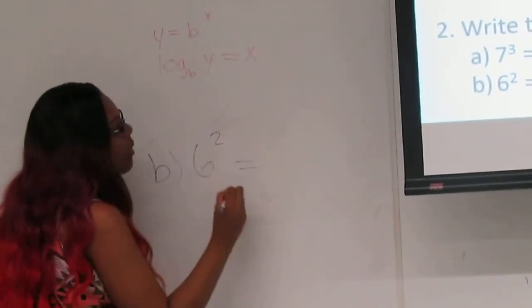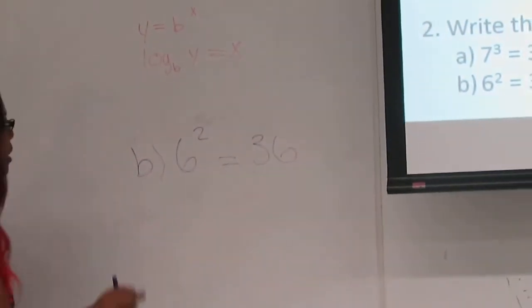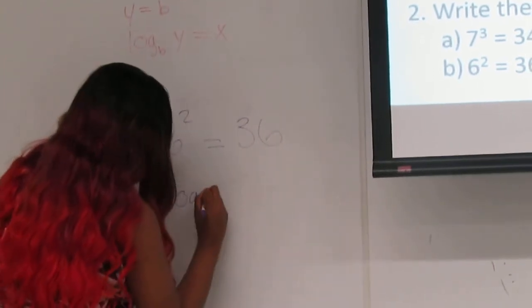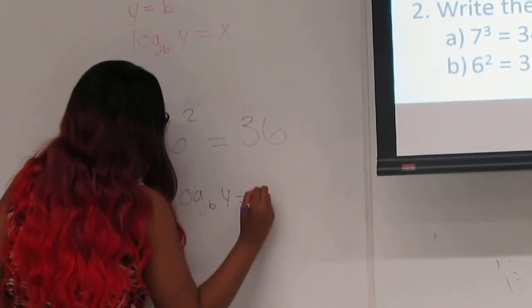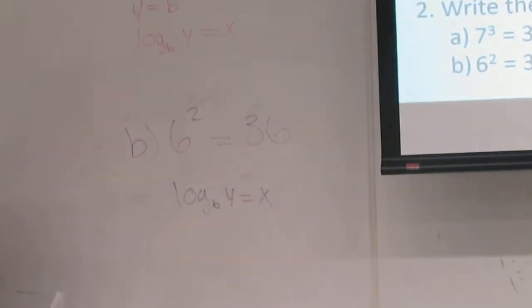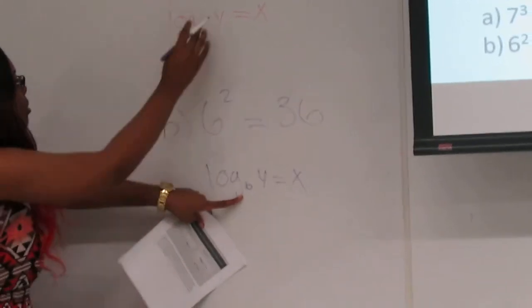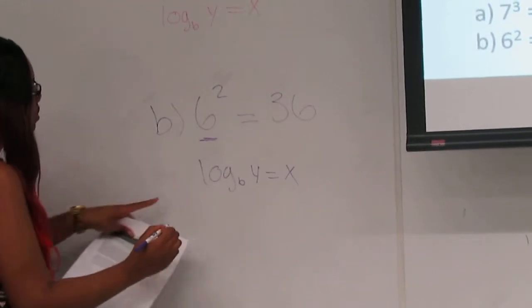Six squared equals 36. Again, write the formula or equation below. Plug and chug once again. The base would be, match it up, 6.